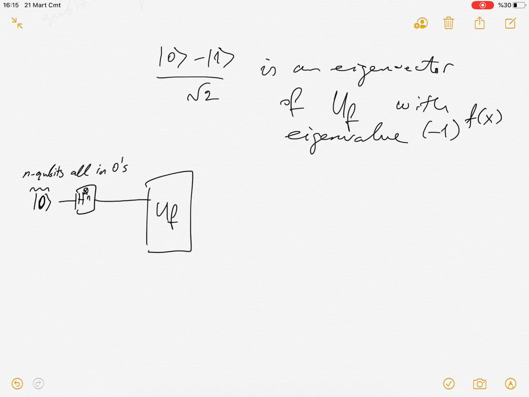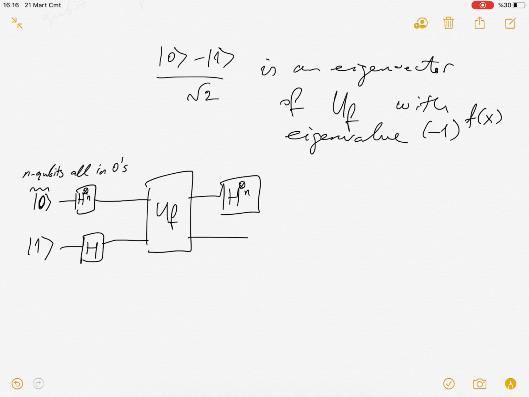And my control bit, I'm going to start with ket 1, apply a Hadamard transform. This will be our second input of Uf. And then in the output, I'm going to apply another n-qubit Hadamard transform.